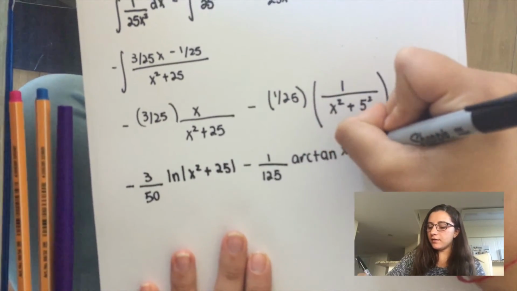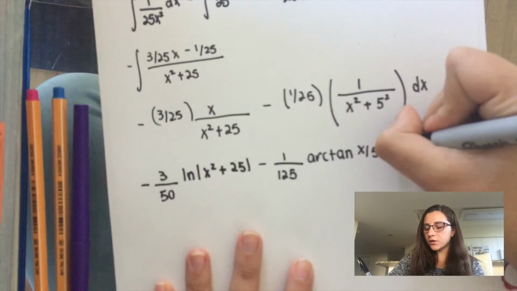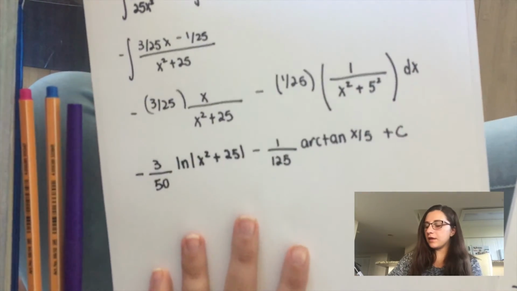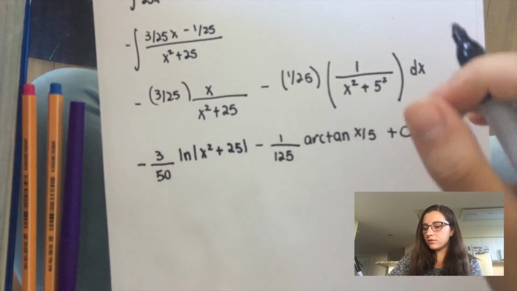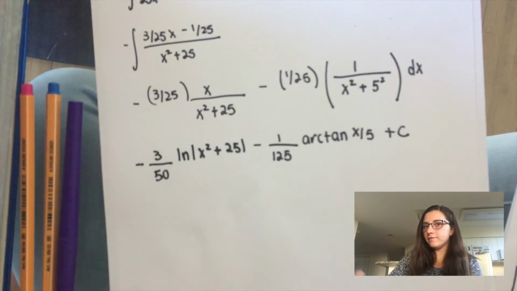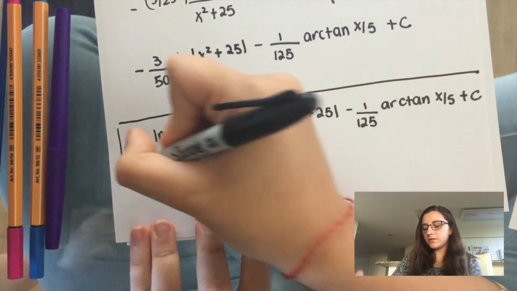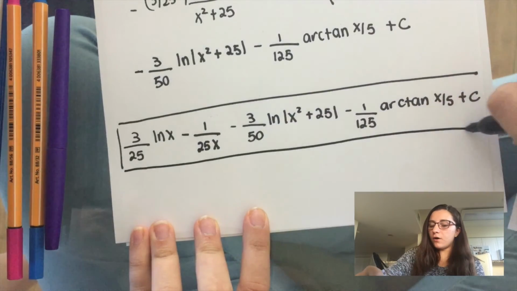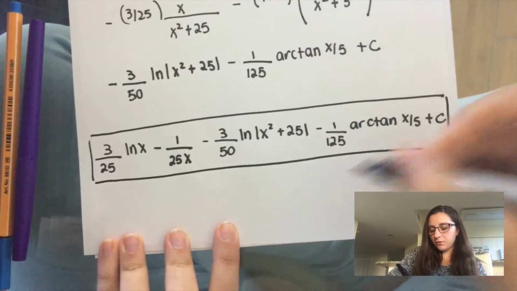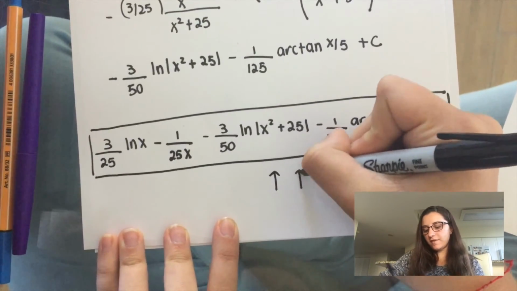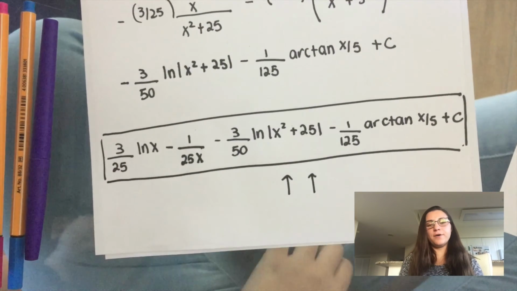So we're going to get 1 over 125 arctan of x over 5, of course, plus C. So all this huge thing is going to be our final answer for this partial fraction decomposition problem. Alright, so thank you for watching, and bye.